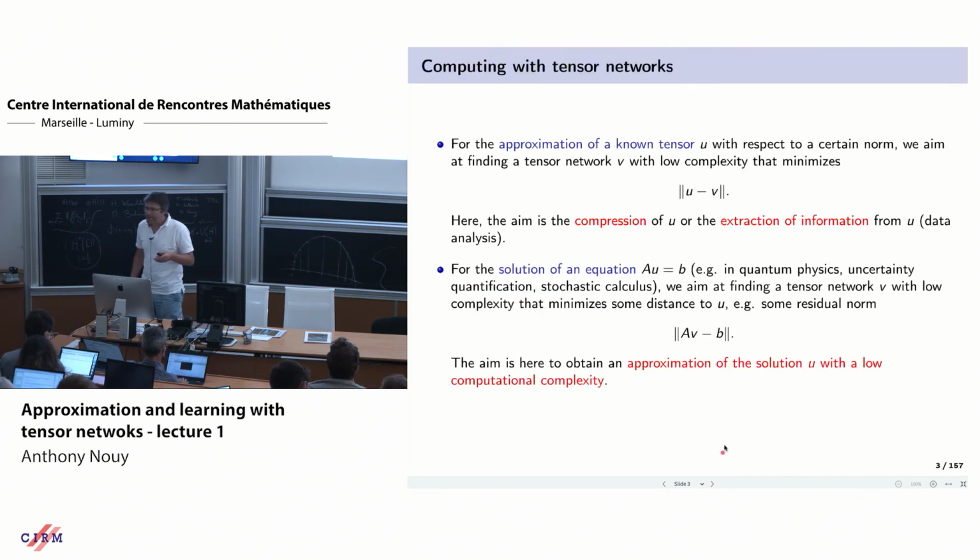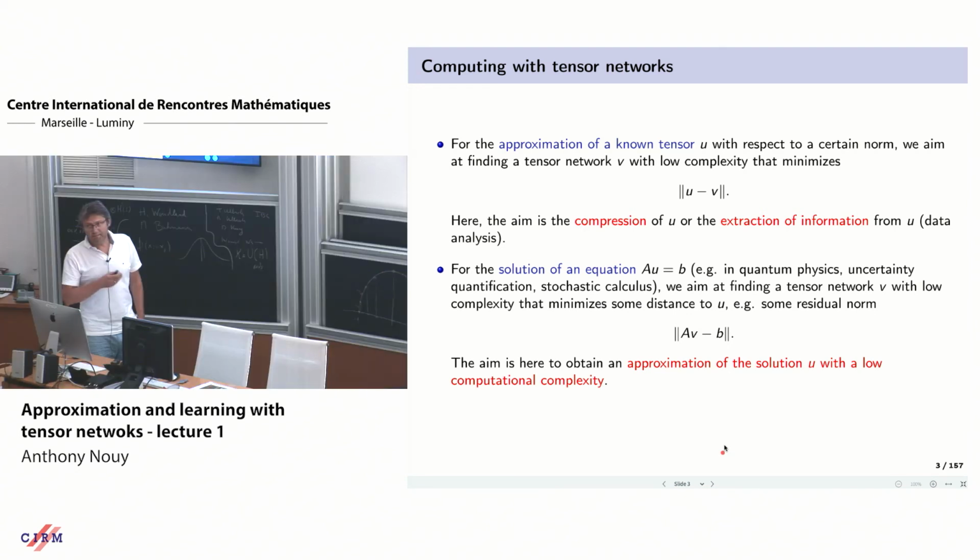Okay, so first I would like to motivate the use of tensor networks in different contexts, and these different contexts in fact depend essentially on the available information you have on your functions or tensors. So the first problem involving tensors is the approximation of a known tensor U with respect to a certain norm.